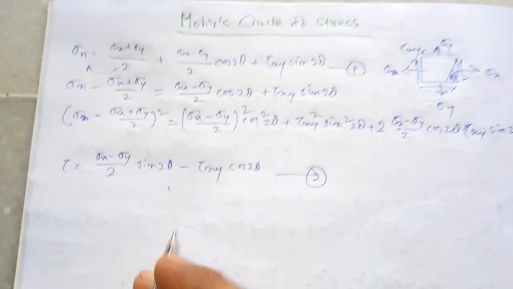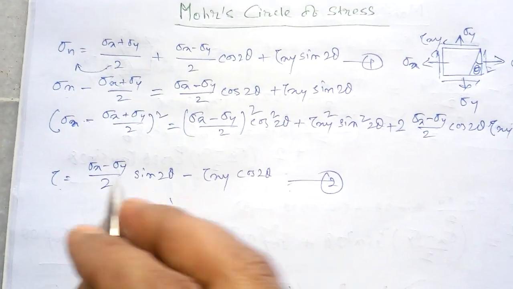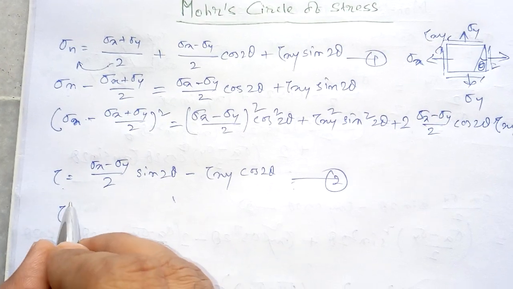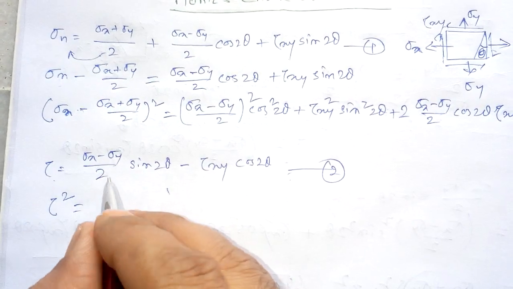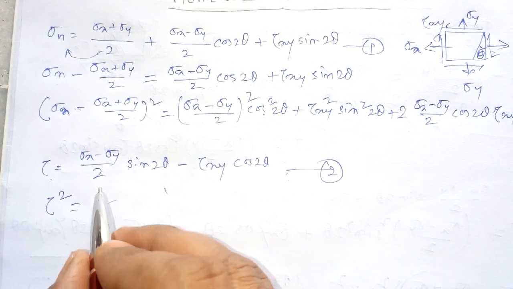This is one equation, and suppose we are squaring the other equation as well, so we will get tau square equal to this whole square, that means (a minus b) whole square.